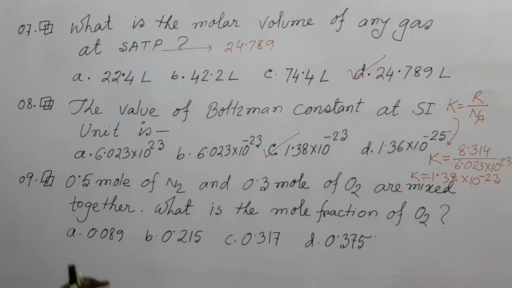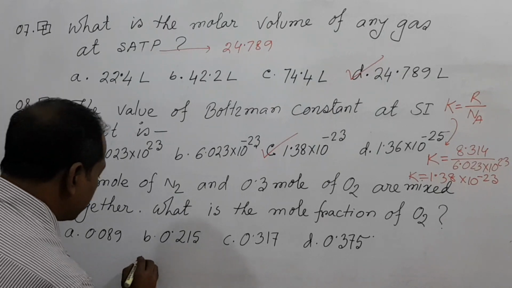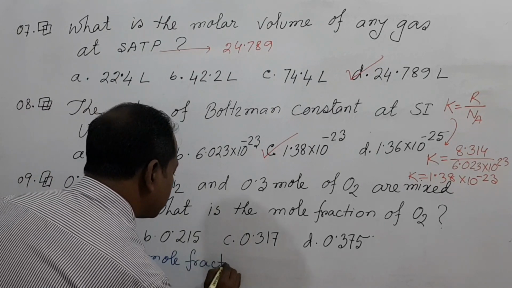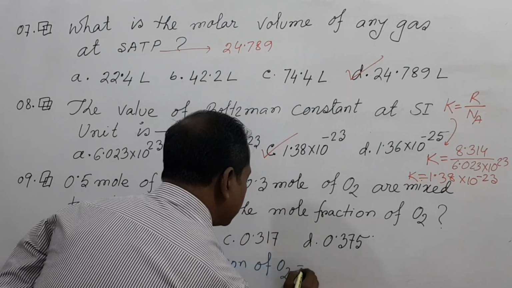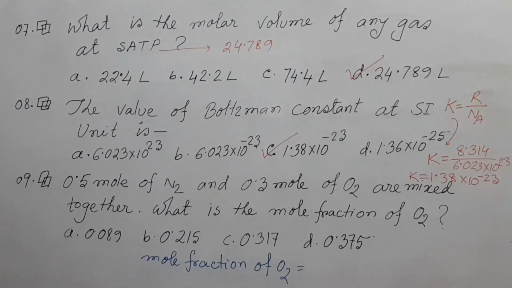Okay, our next question, 0.5 mole of nitrogen and 0.3 mole of oxygen are mixed together. What is the mole fraction of oxygen? So my dear students, mole fraction of oxygen equal to mole number of oxygen divided by total mole number.